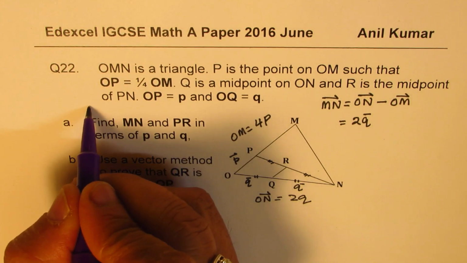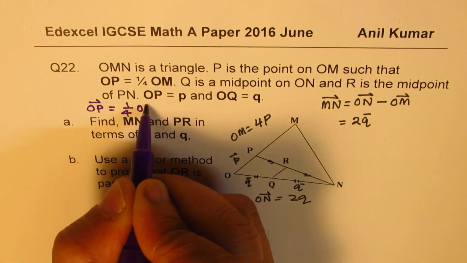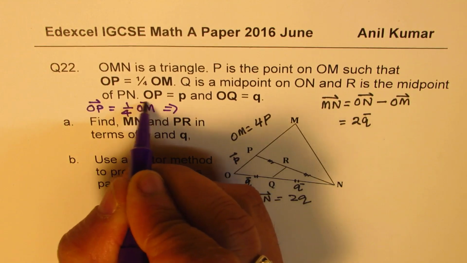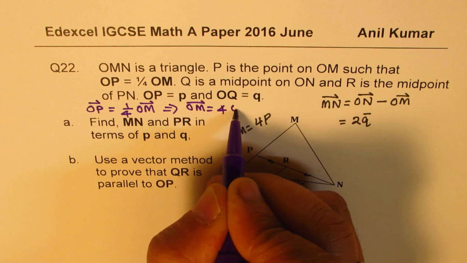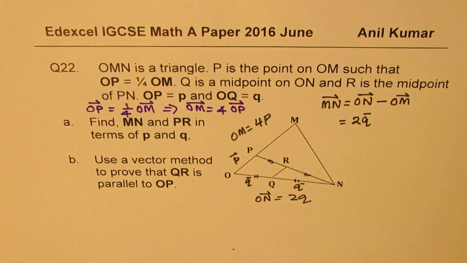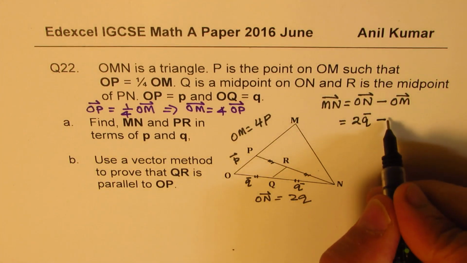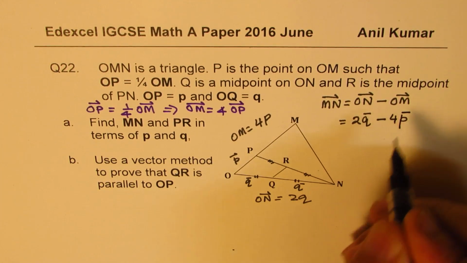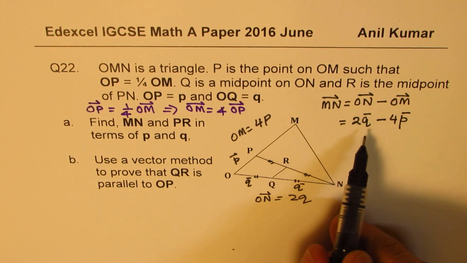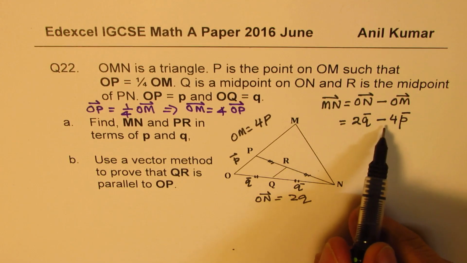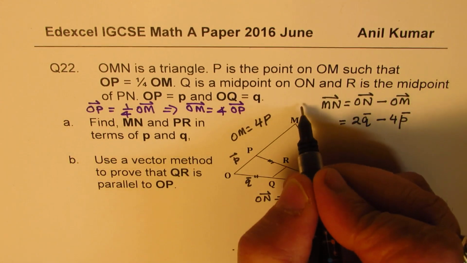We are given here OP is equal to 1/4 of OM, so that tells you that OM is equal to 4 times OP. Is it clear? So we have 2Q minus 4 times P. So we have written MN in terms of P and Q, right? So it is 2Q minus 4P. So we get the first part.